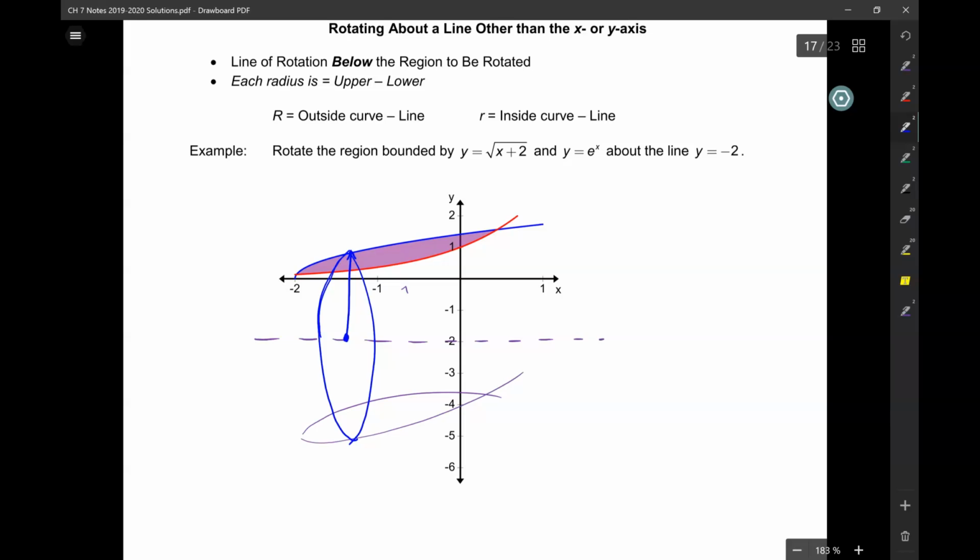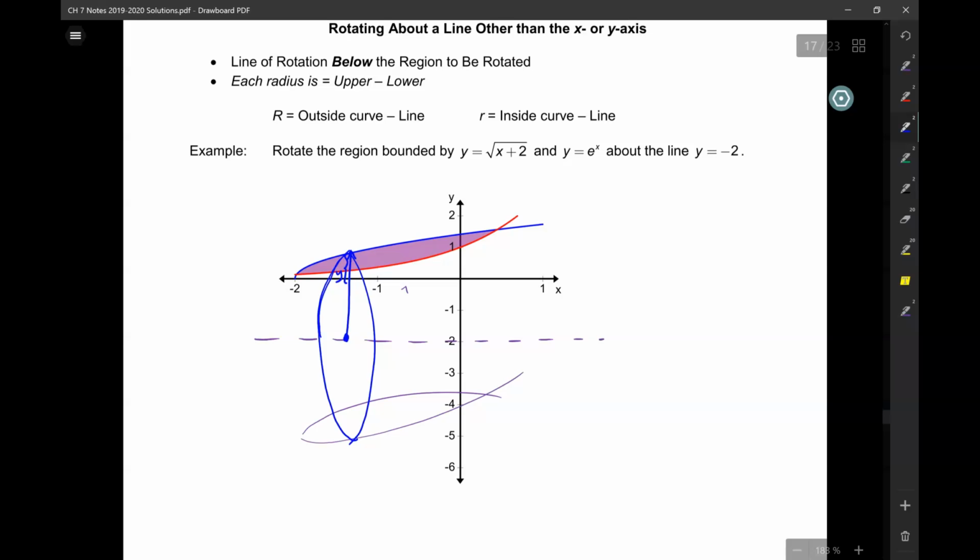Now, do you see how the radius is bigger than if we had rotated around the x-axis? The distance from the graph to the x-axis, that's your y, that's your equation. But in addition to that, we're also gaining some additional distance from the x-axis down to the line.